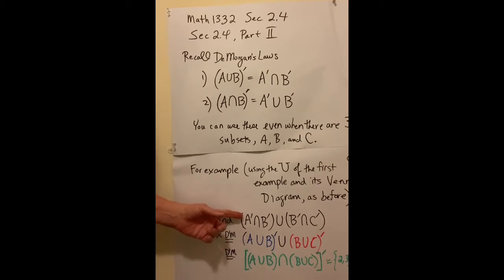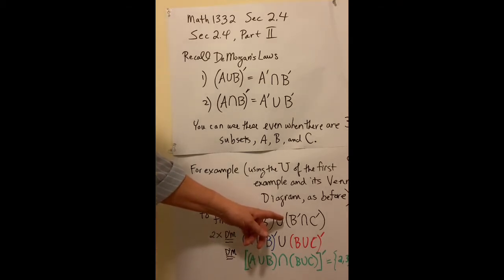The analogy here is that we're factoring out the complement. So just undo everything. This A complement becomes an A, the B complement becomes a B, and the intersection becomes a union. But put that complement sign outside of the parentheses. Okay, so that's one application of DeMorgan's there.